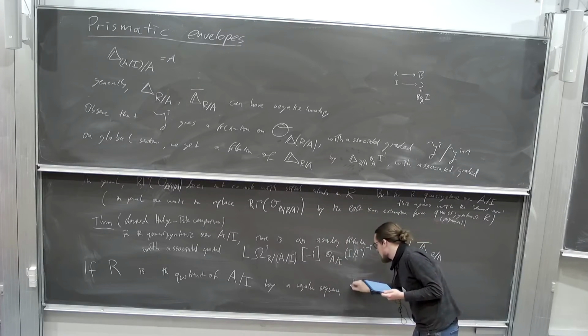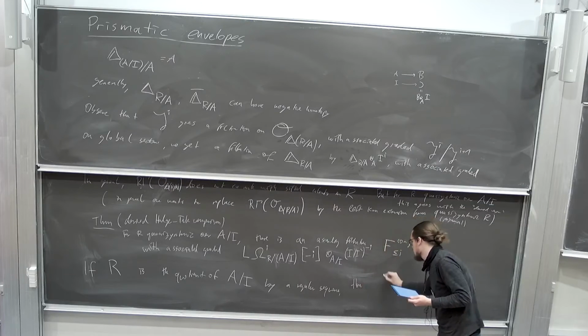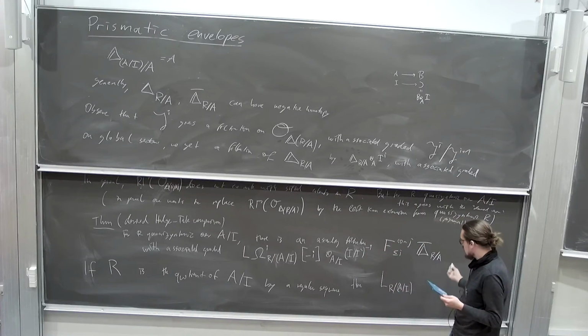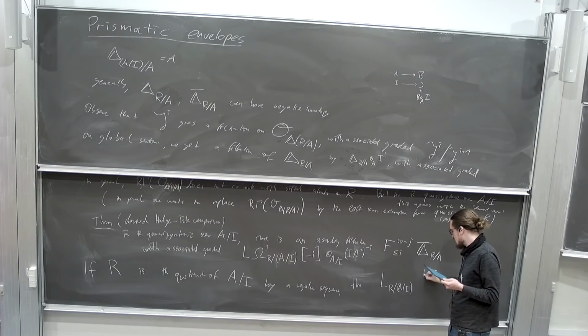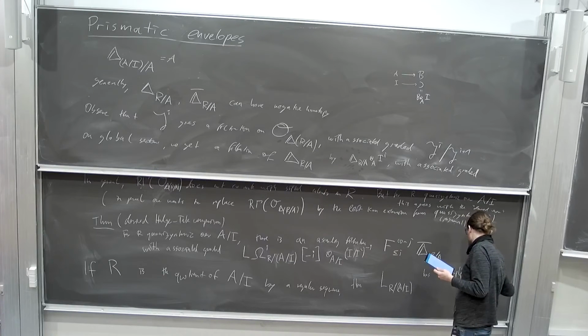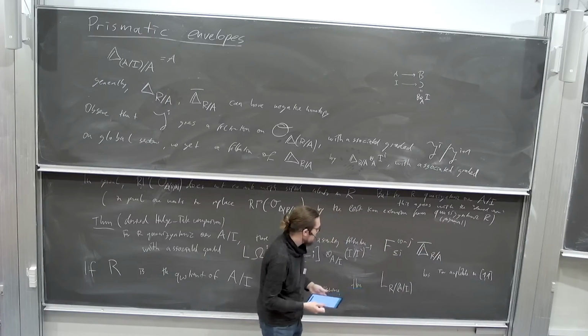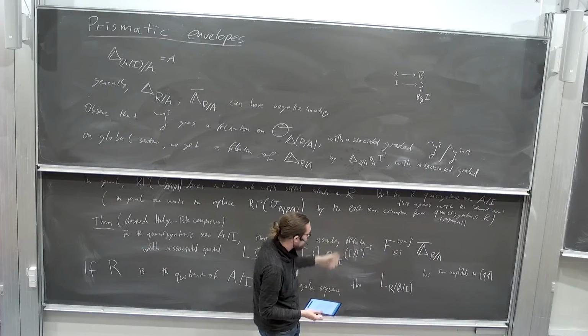So the cotangent complex, i.e. the L omega 1, has Tor amplitude in [1,1]. In that case, it's even finitely generated projective concentrated in degree 1.